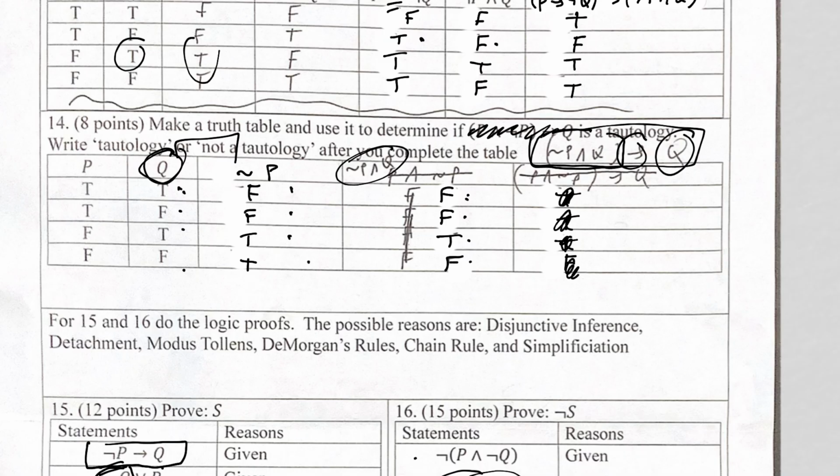False to true is true. False to false is true. True to true is true. And false to false is true. So they are all true, and that's why we call that a tautology. Okay, that's good. That's the end of this video.